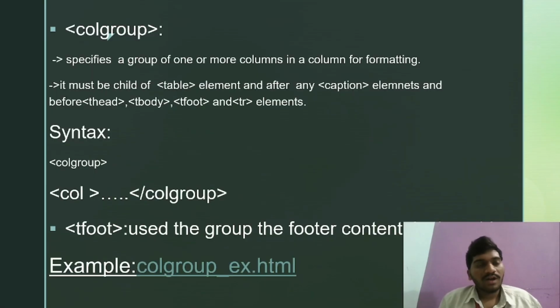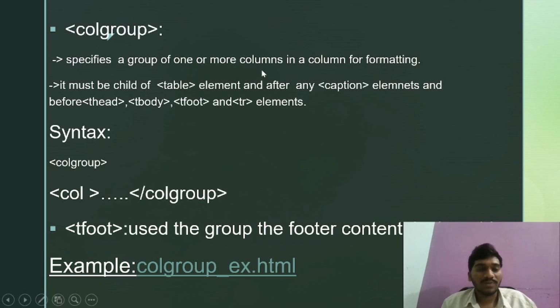See, now we can discuss the colgroup element in HTML tables. It specifies a group of one or more columns in a table for formatting. So we can style the columns at a time by using the colgroup element.